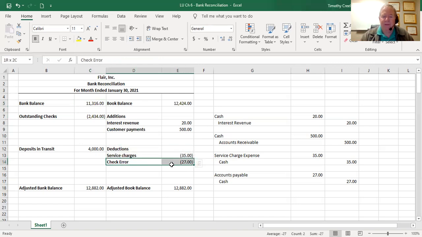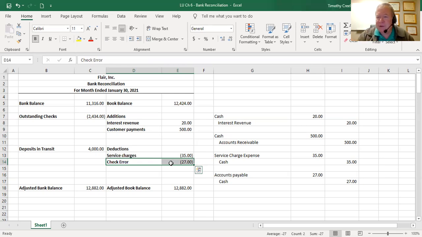Another thing you might run into sometimes is a check error. And that is, what if you wrote a check for 96, you put 96, but you spelled it out as 69, or just the opposite. It clears for a different amount than what you wrote it for.